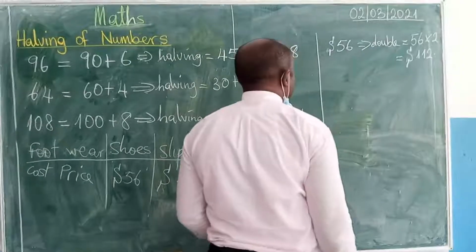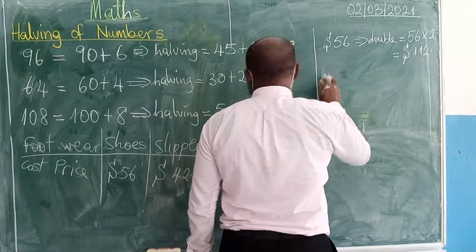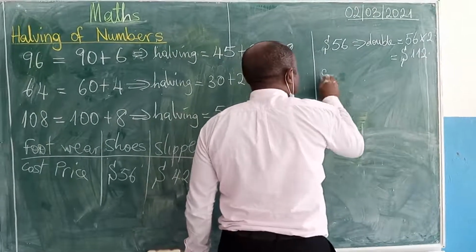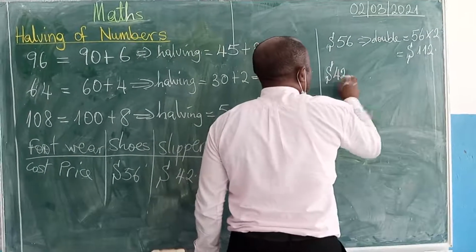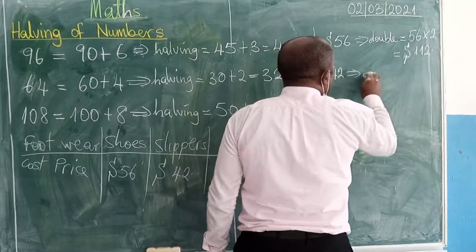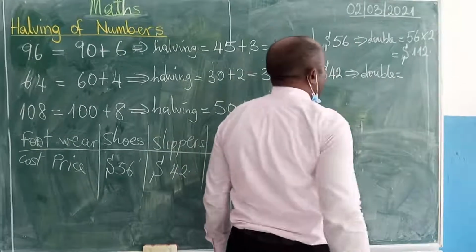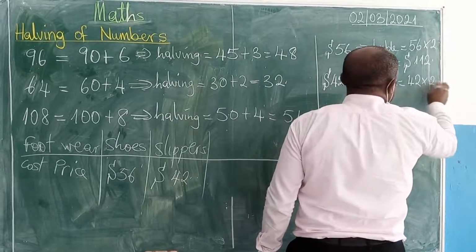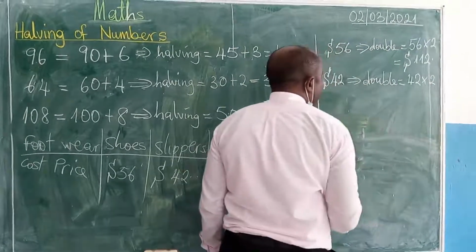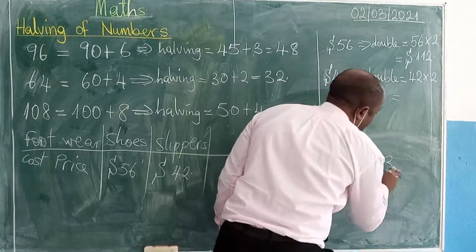The next one, for slippers, we have $42. Double will be equal to 42 multiplied by 2.